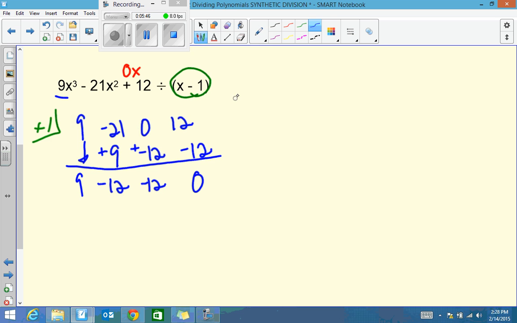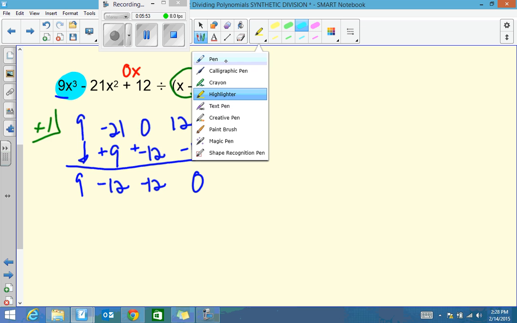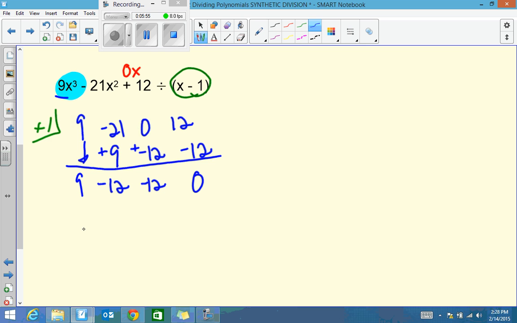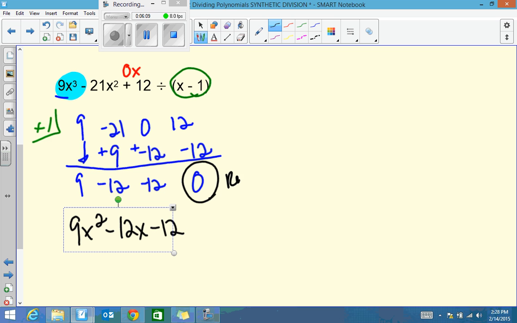Again, we started with an x to the third, so our answer begins with 1 less than that, which is x to the second. So we have 9x squared minus 12x, again decreasing degrees, minus 12. And our remainder is 0.